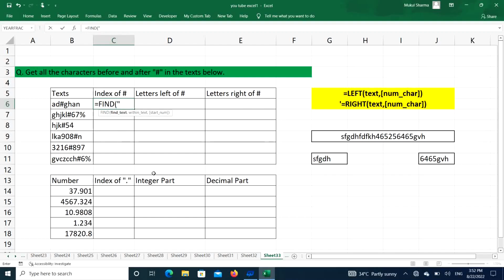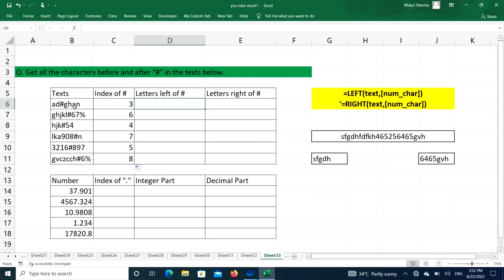Now, I will type hashtag in double inverted commas and within text this one, 1. You can see 3. It is at the third position here. Now drag it for the others. You will get to know the indexes of the other ones. Now, we have to find the number of letters before the hashtag.